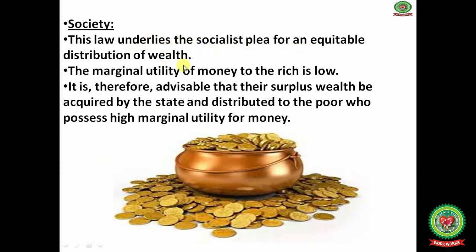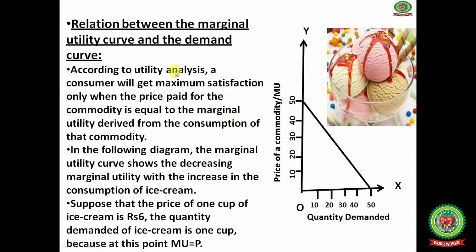This law underlines the socialist plea for an equitable distribution of wealth. The marginal utility of money to the rich is low. It is therefore advisable that their surplus wealth be acquired by the state and distributed to the poor who possess high marginal utility for money.